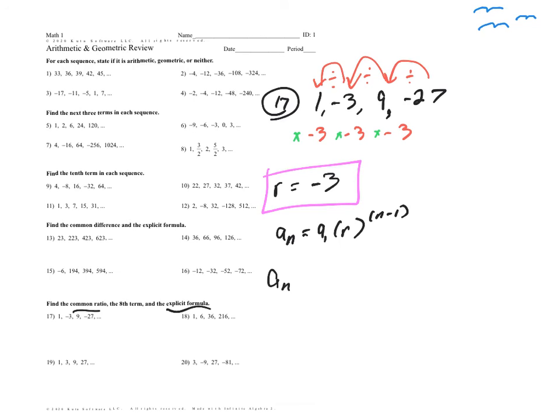So A sub n, I don't know what that is, so I'm going to leave it just like it is. A sub 1 is my first term, which they give us up here. In this case, it's 1. So 1, parentheses, R, that's my common ratio. That was what I got from my division test. In this case, -3, make sure it is in parentheses, all raised to the n minus 1, because I don't know what n is yet. So this is my answer right here, just like that.